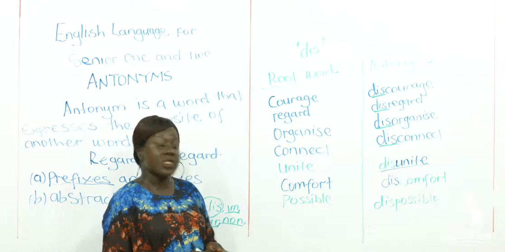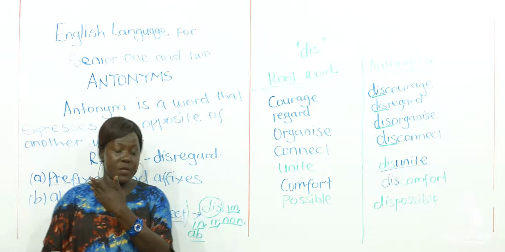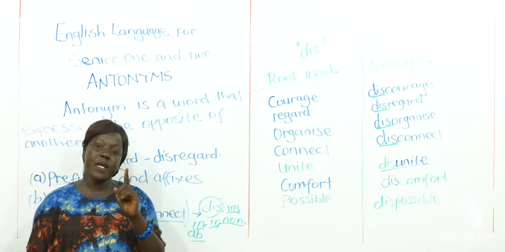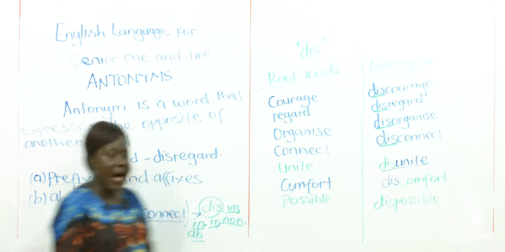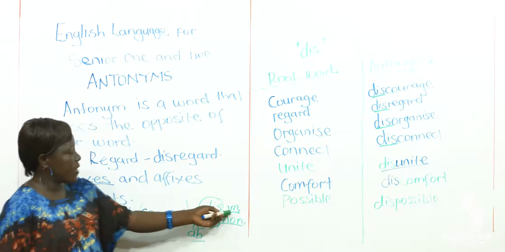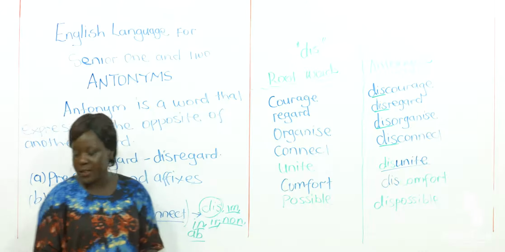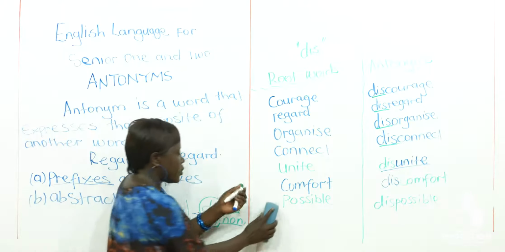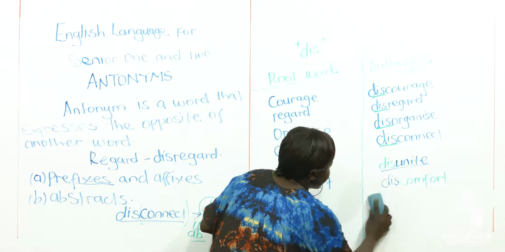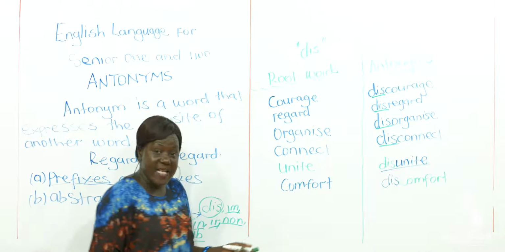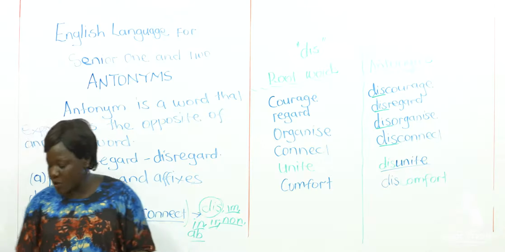Not all the words will use this to form their antonyms. Therefore, you should be careful. Well, like possible will probably use the word im. We'll use this one. Then it will be impossible instead of disposable. So you have to be very careful here. We'll come and look at this one later. Words like possible, we will see how their antonyms are formed later.